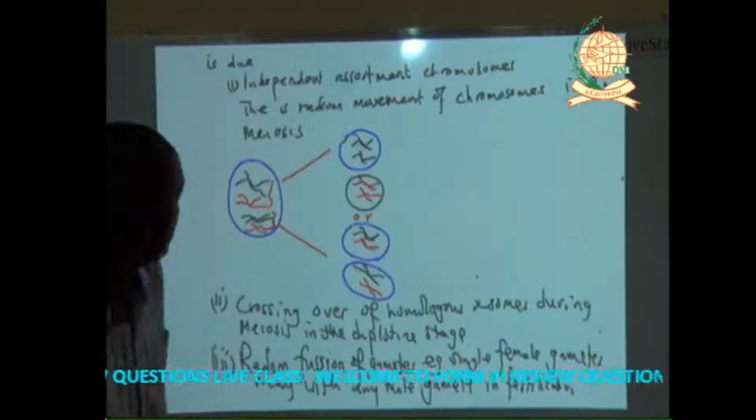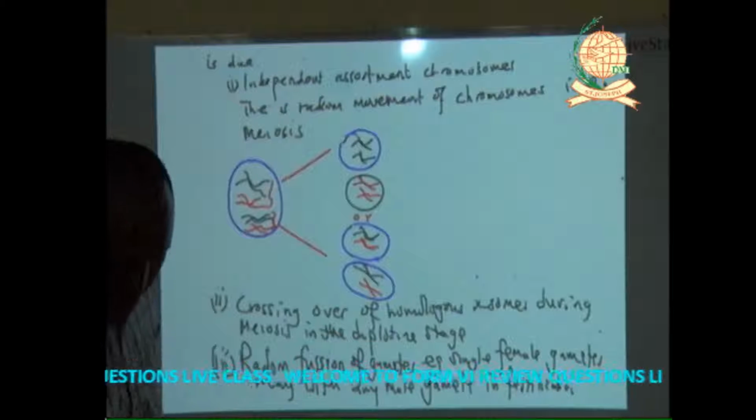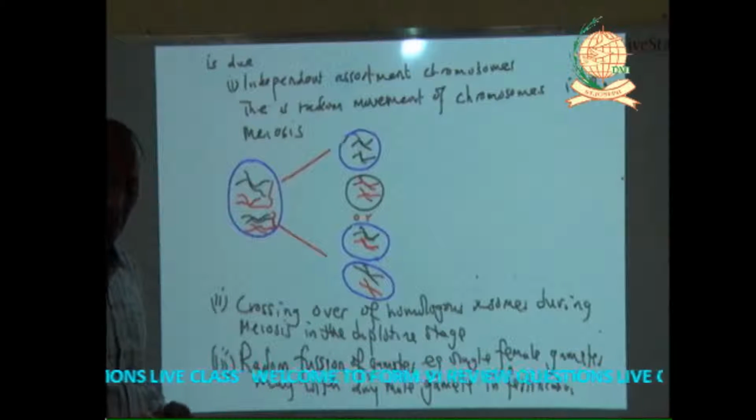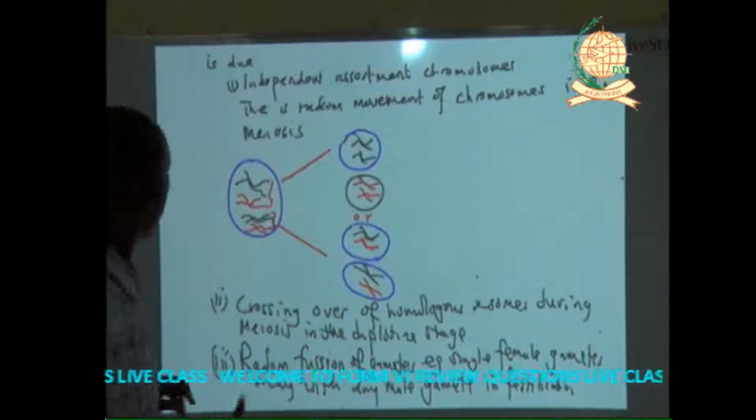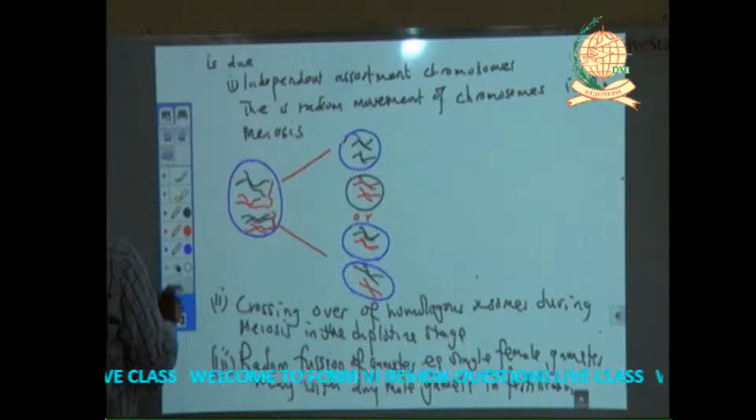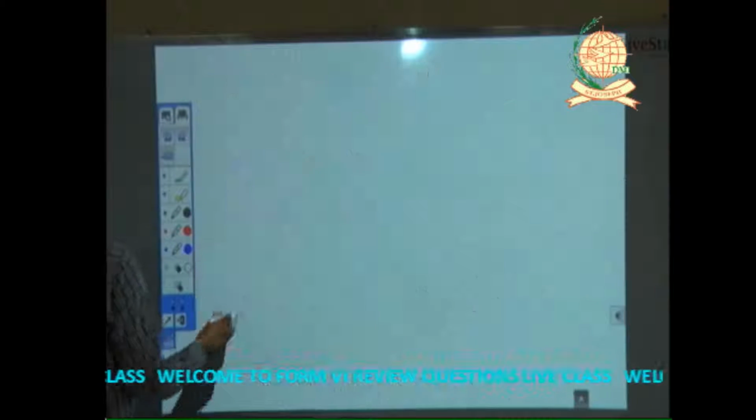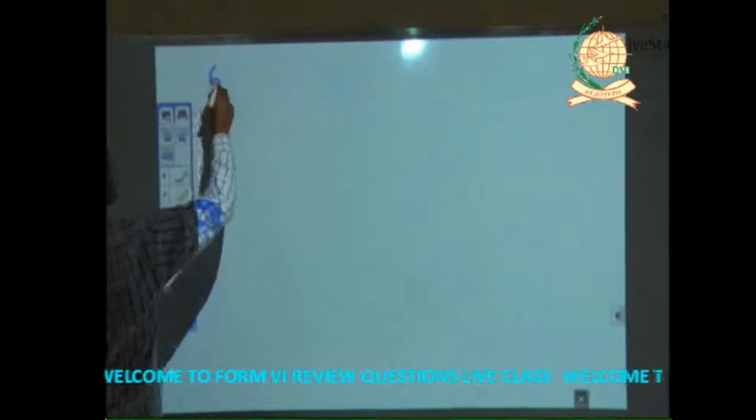Part 2 says to draw the diagram of human spermatozoon, 6 marks.